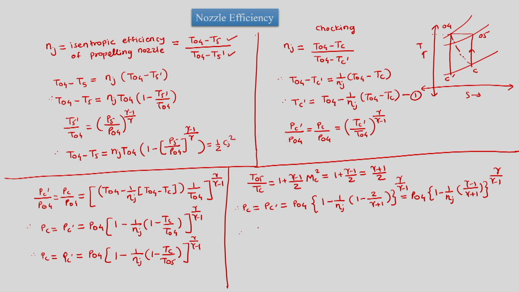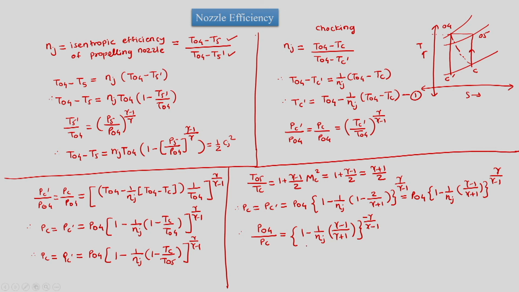So in all we have an expression which states that P naught 4 upon Pc, or P naught 4 upon Pc dash, is equal to 1 minus 1 upon Nj into gamma minus 1 upon gamma plus 1 bracket raised to minus gamma upon gamma minus 1.